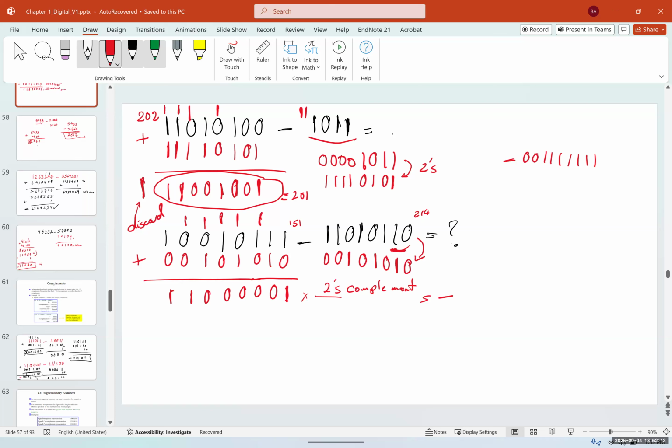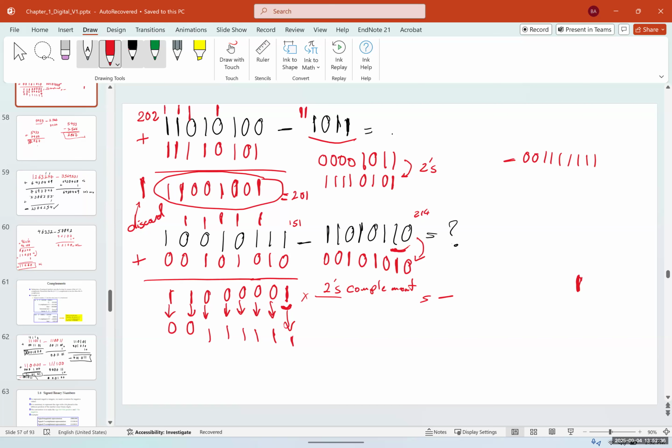So to find the 2's complement, we would keep the first 1, and the rest would be replaced, zeros with 1s and 1s with 0s. So we would keep this 1, and the rest would be 1, 1, 1, 1, 1, 0, 0.